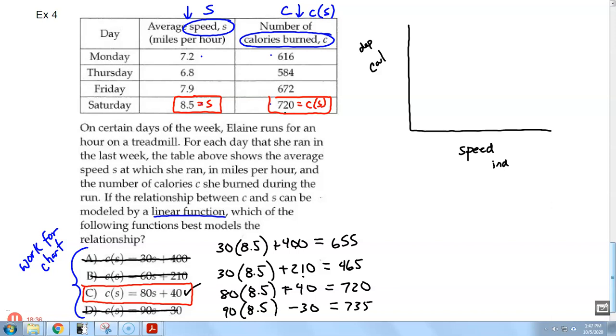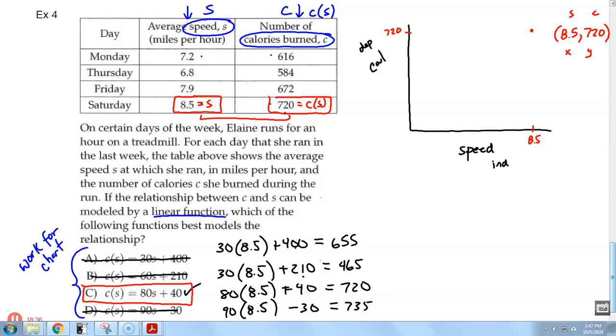Well, these are really just ordered pairs. This bottom point right here really means that if I'm at 8.5, then I'm going to burn the most calories, 720. That's a dot on the graph right there. 8.5 is 720. You can kind of think about that as an x comma y. Or in this case, an s comma c, or x comma y, however you want to think about it.